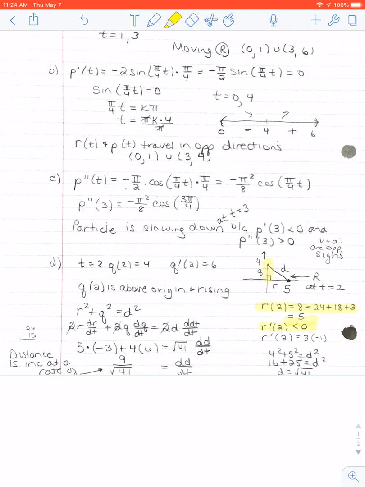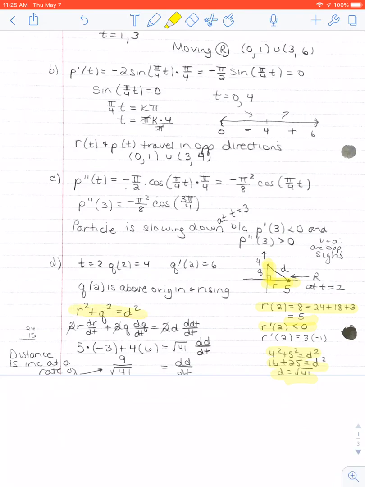R prime of 2 is negative, so I know that it is moving closer to the origin, and I know that this distance is 5 at time 2, this is 4 at time 2. So I want to be careful and not think it's automatically a 3, 4, 5 right triangle, because the hypotenuse has to be the longest side. So the hypotenuse is the square root of 41.